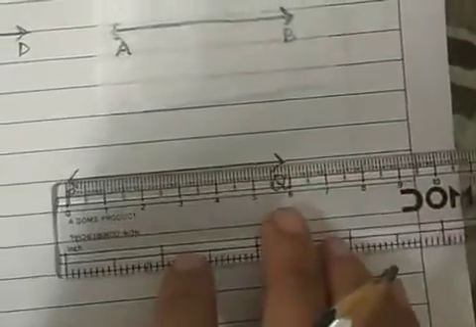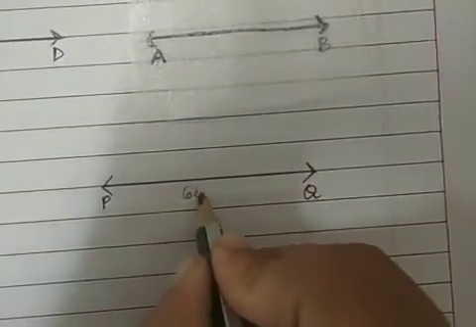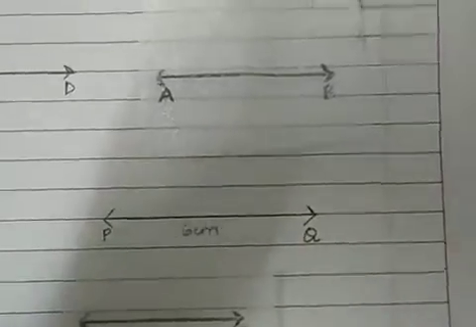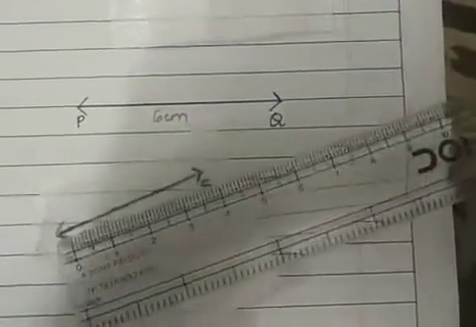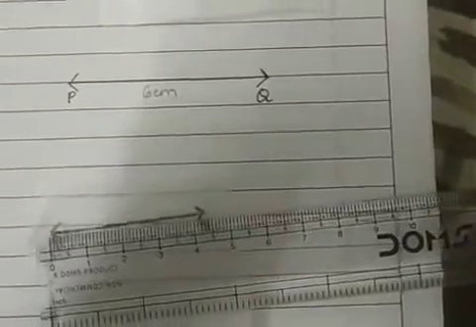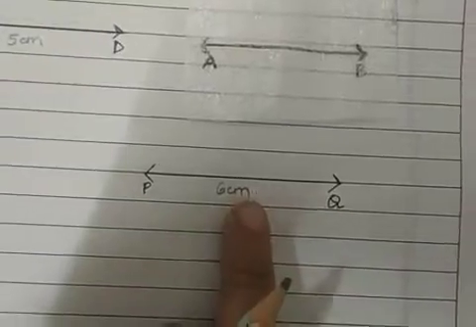Now let us see what is the length of this line segment PQ. PQ is around 6 centimeters. And what about RS? RS is 4 centimeters. So this is 4 centimeters and this is 6 centimeters.